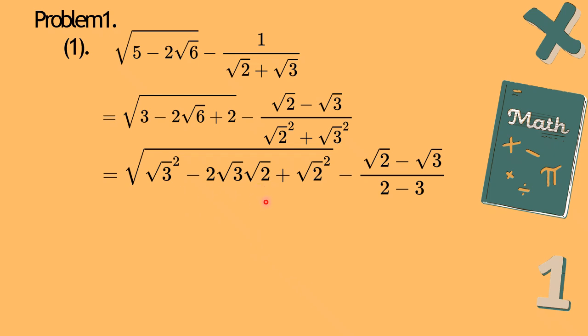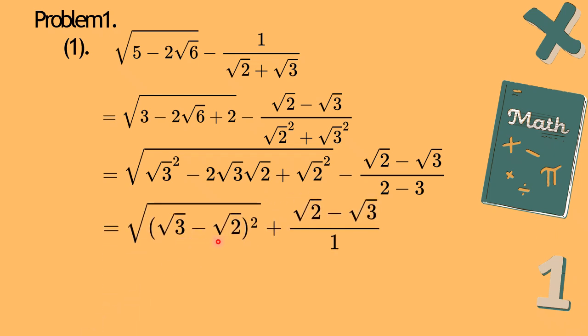So we can see that it gets into the formula a squared minus 2ab plus b squared, so it will become a minus b squared. And for this second part, it will get 2 minus 3, which results in minus 1, and then minus 1 over minus 1 gives a positive 1, so it remains only the top, the square root of 2 minus the square root of 3.